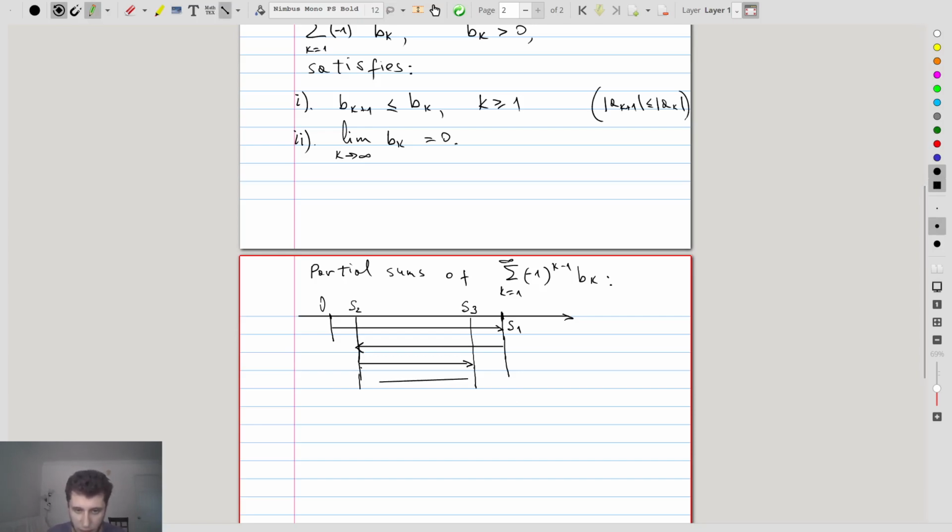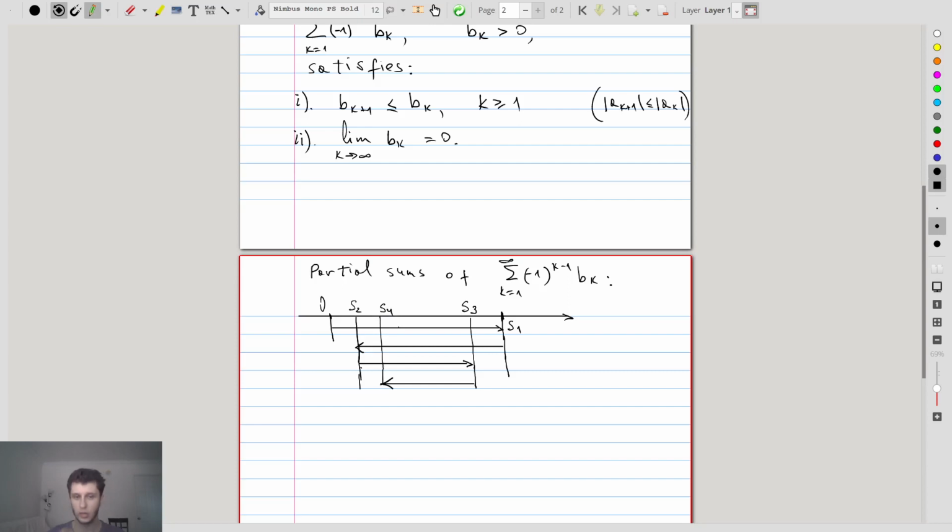Therefore, I'll be also jumping by a shorter distance. So I may end up, let's say, over here. Right, and this means that the fourth partial sum of this series will be somewhere here, for example. So this will be S4.